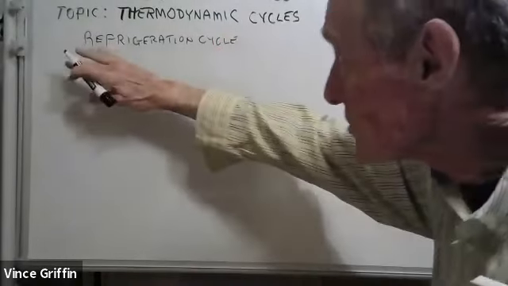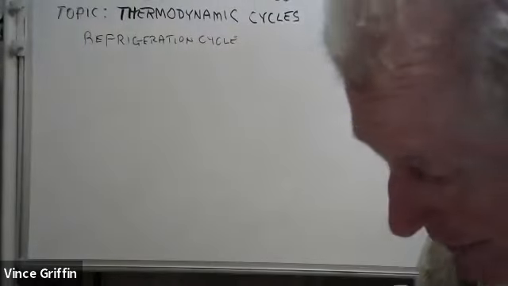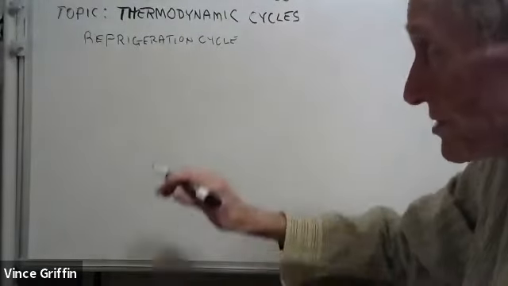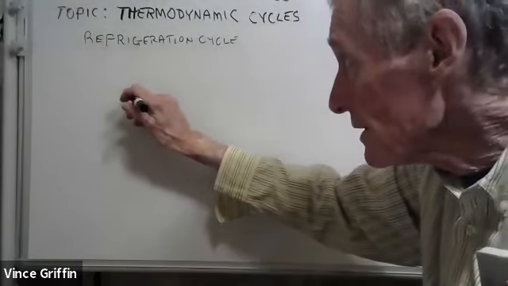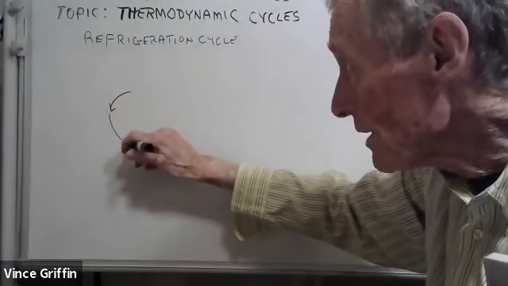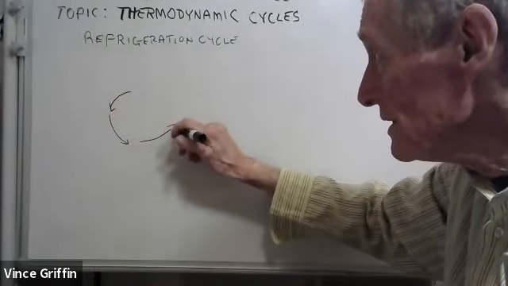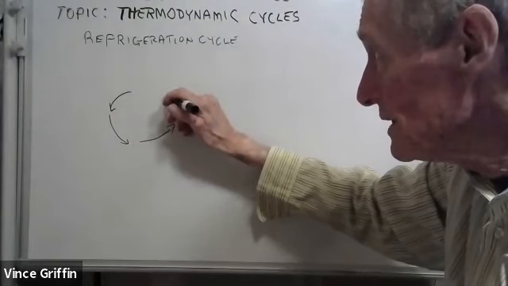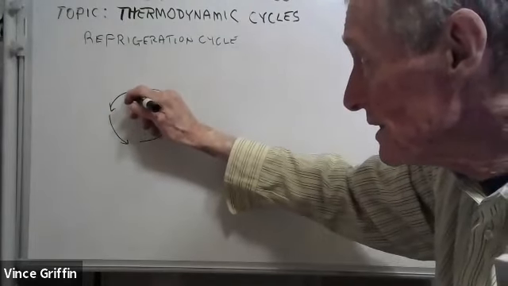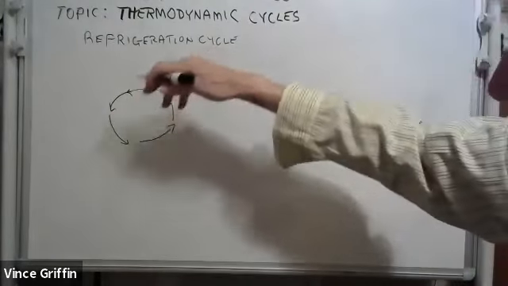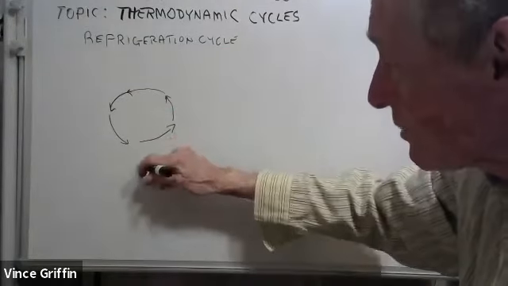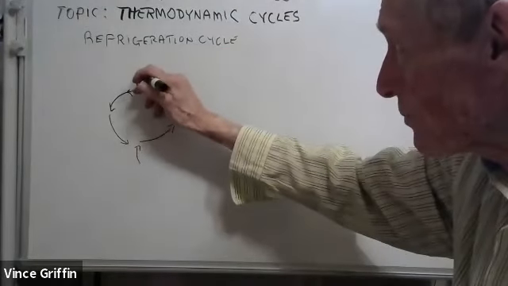Now here's how I want you to draw the schematic diagram for the refrigeration cycle. Draw it counterclockwise. Round and round she goes, counterclockwise. Everything just sort of backwards.